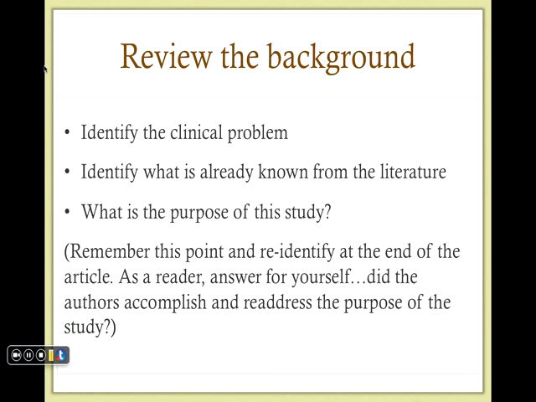Down in the next paragraph that talks with currently limited research, so they're talking about there's a clinical problem, but there's a lack of literature and research done about a piece of this problem. So in terms of identifying what is already known from the literature, the authors are saying there's a gap here.